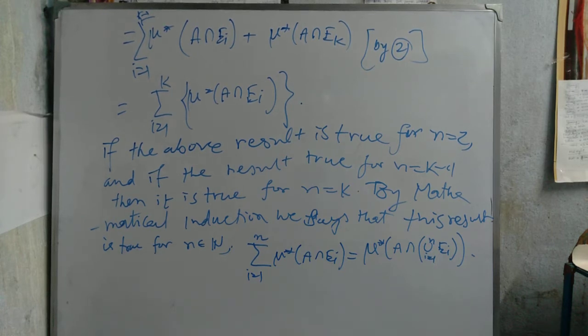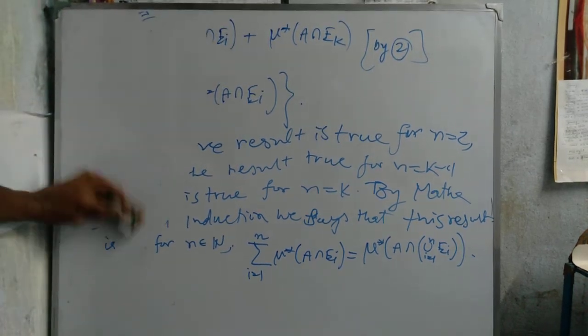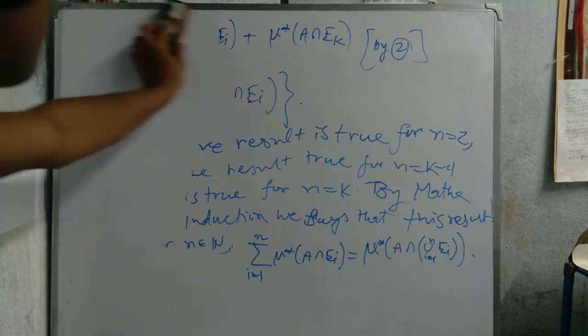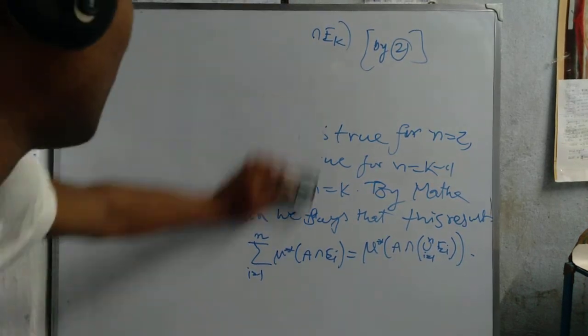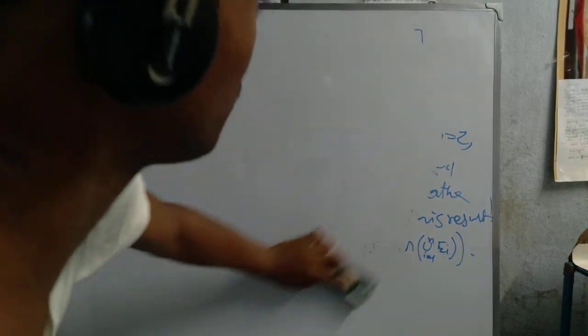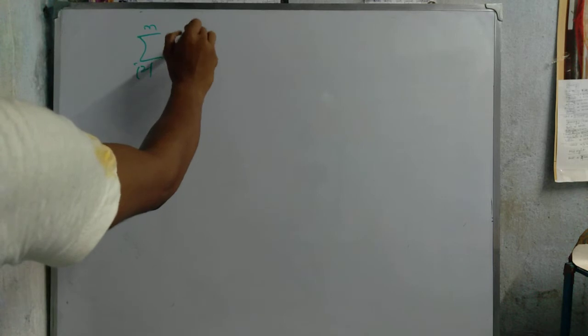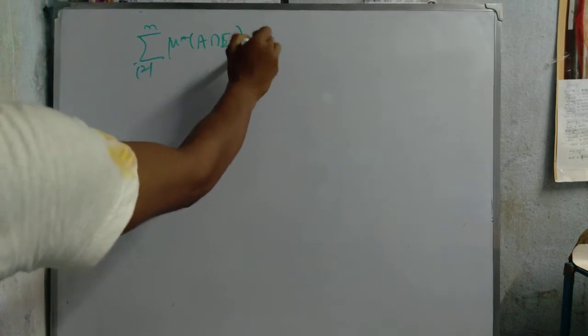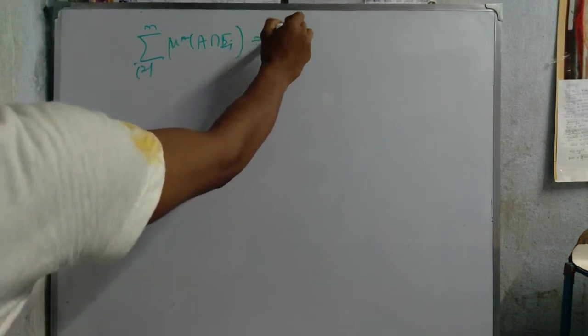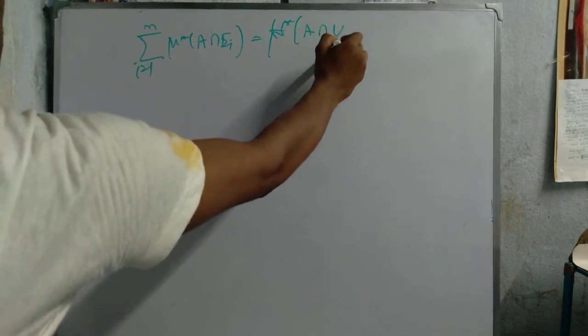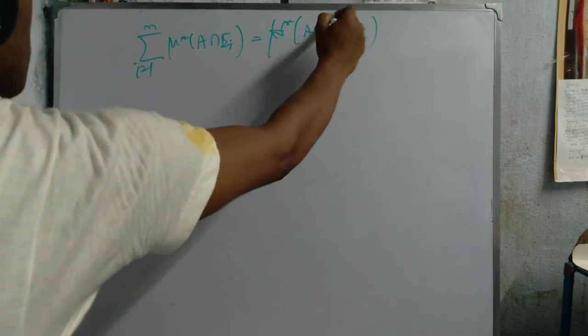So what we prove here? Again we're getting observation from that. And what observation we get here? First one we get mu star be additive. And here what we get? So simply, we write it now: summation i equal to 1 to n mu star A intersection Ei equal to mu star A intersection union of i equal to 1 to n Ei.